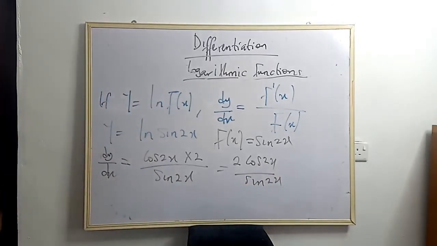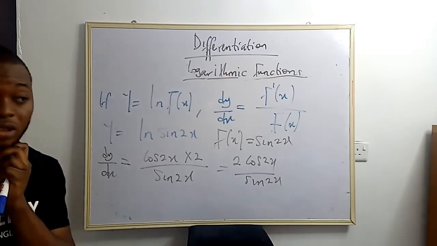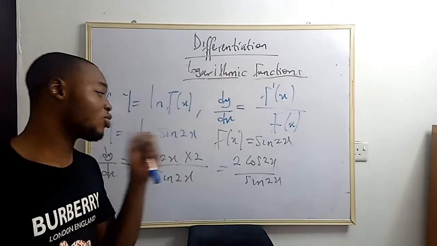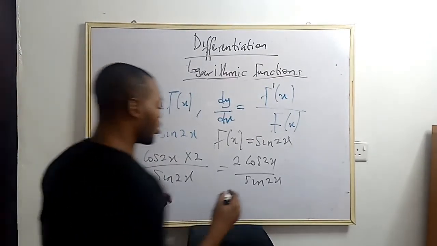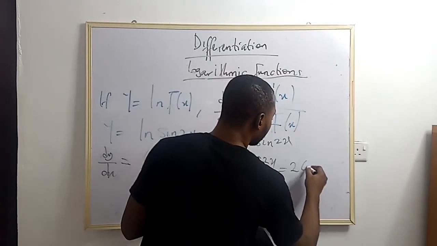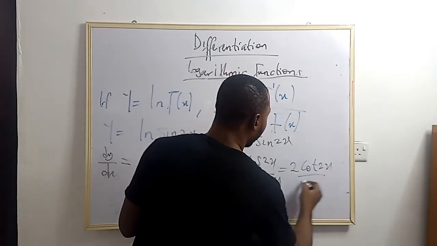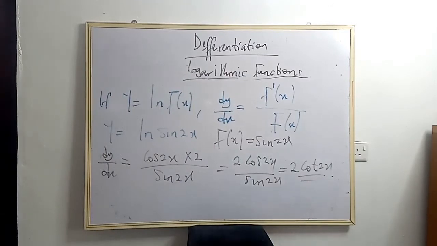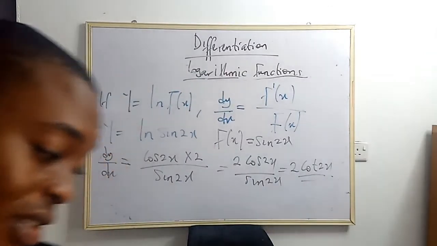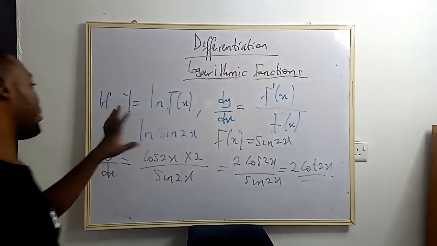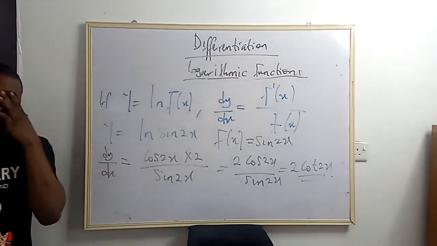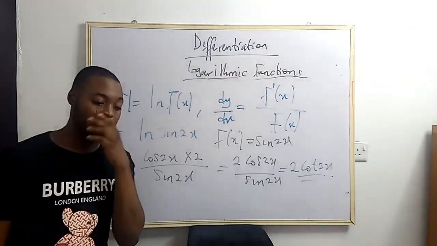Cos x over sine x is cot x, so cos 2x over sine 2x will be cot 2x. This is 2 cot 2x. That is the derivative of that. So you can always apply this formula to any form of logarithmic function.